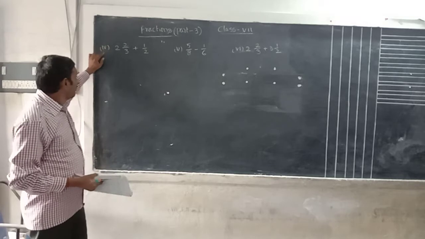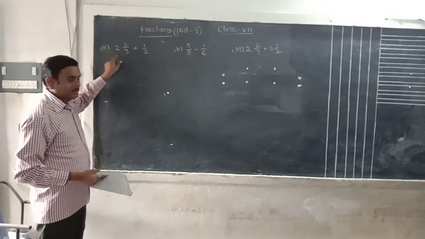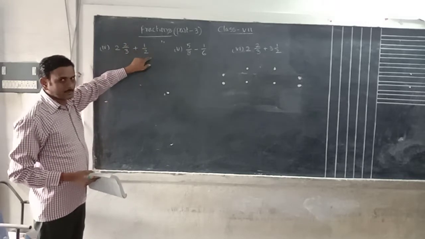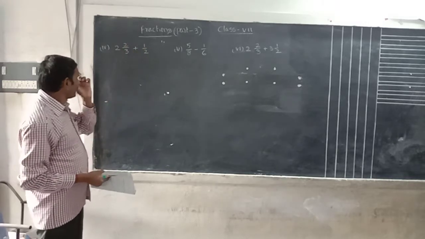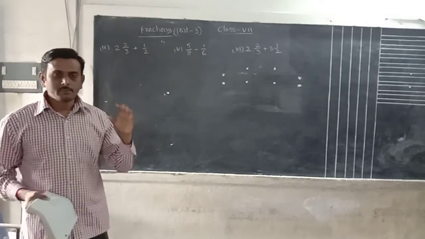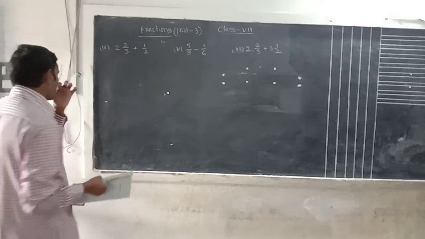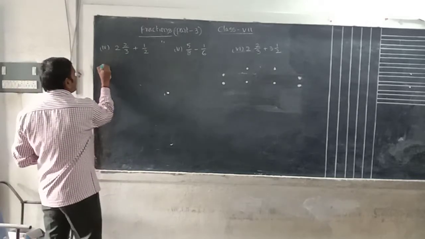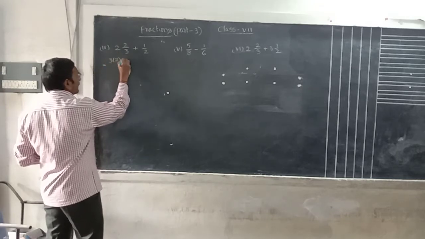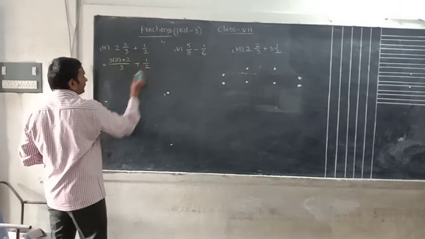Now we will complete the fourth question. What is the fraction here? A mixed fraction is there. Here a proper fraction is there, since the numerator is small. Whenever a mixed fraction is given to you, convert it to improper. By taking the improper fraction, we can do the addition easily. First convert into improper: 3 into 2 plus 2 by 3, plus 1 by 2.